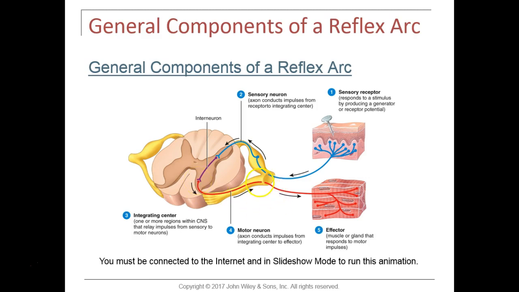So reflexes that are occurring in the spinal cord, depending on what type of effector is either activated or inhibited, are called something different. For instance, in the case of reflexes that initiate skeletal muscle contraction, the reflex would be referred to as a somatic nervous system reflex, because the effector is skeletal muscle.